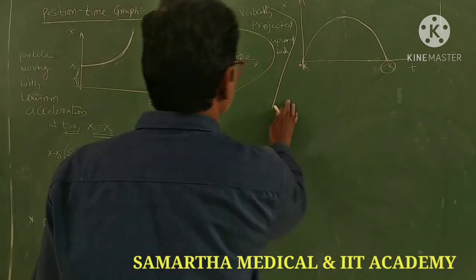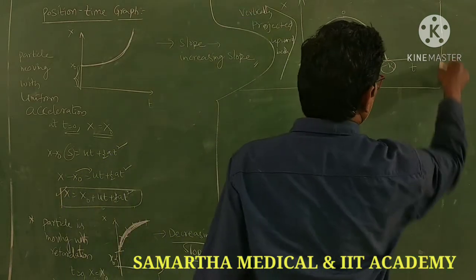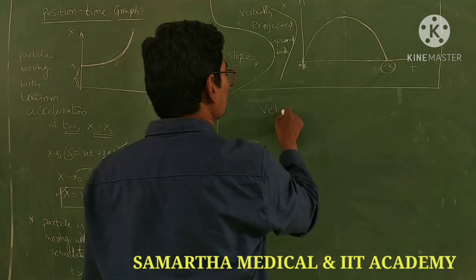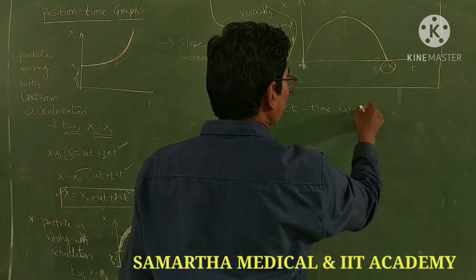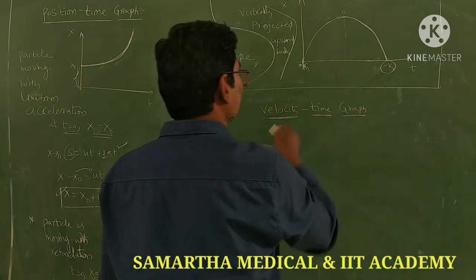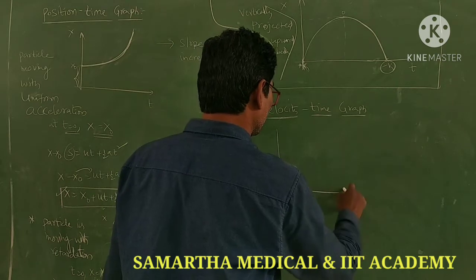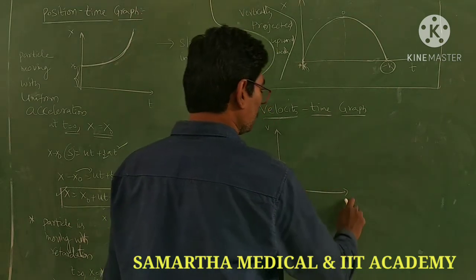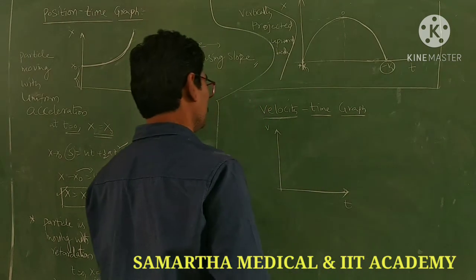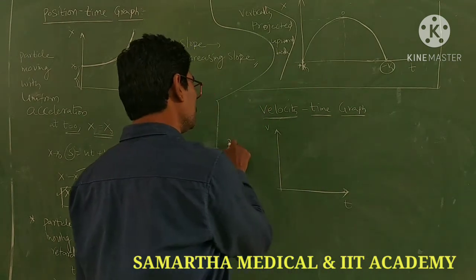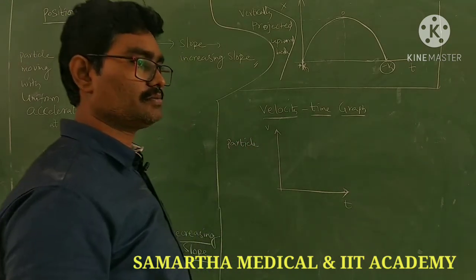Next you go to another one, the velocity time graph. For this velocity time graph, you take velocity on the y-axis and time on the x-axis. Initially, consider the same conditions as in the previous case for the position time graph.